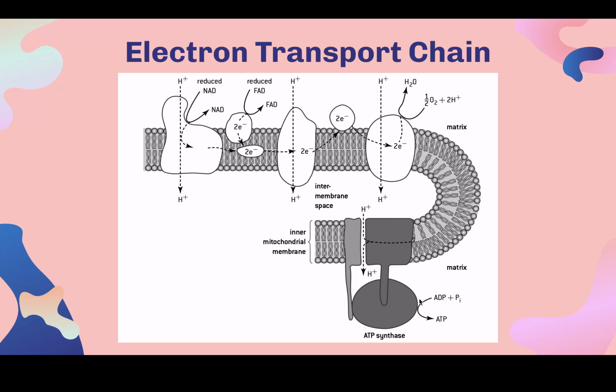So it's synthase because it synthesizes ATP from ADP and phosphate. So these hydrogen molecules will go through this channel protein and generate enough energy that ADP and the phosphate can be merged to form ATP.